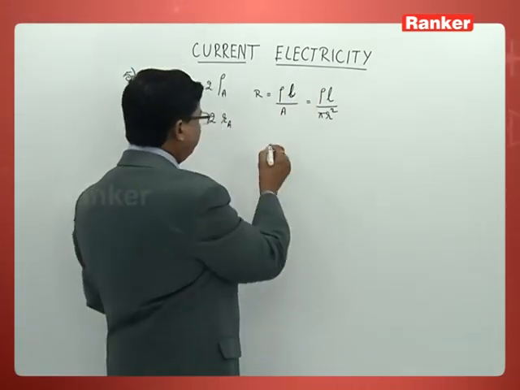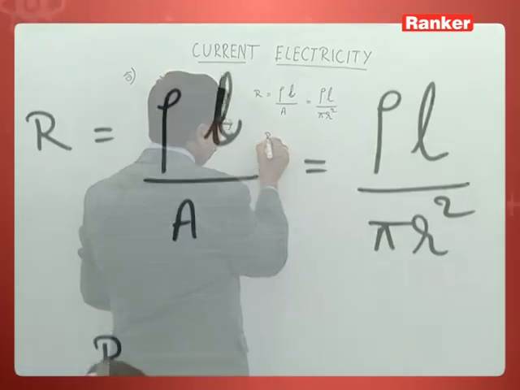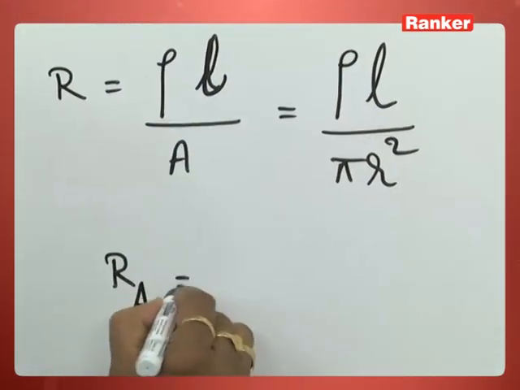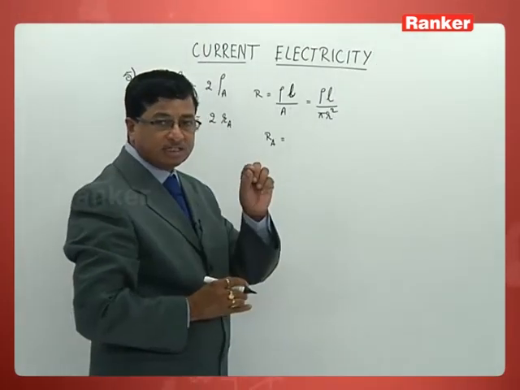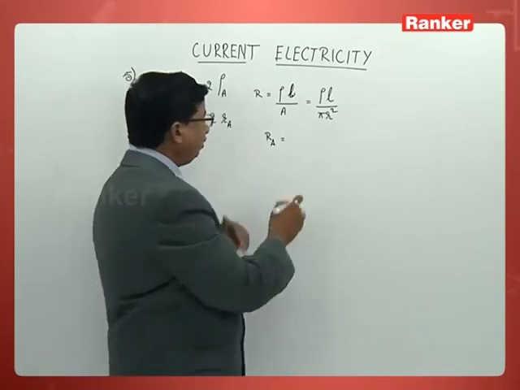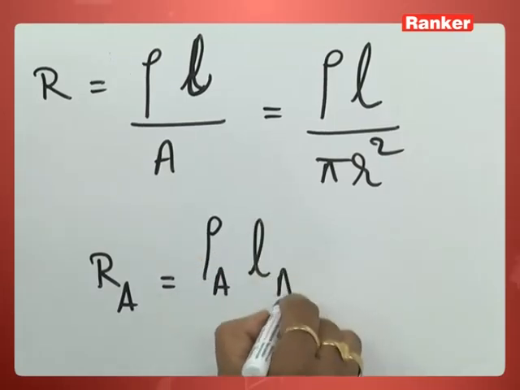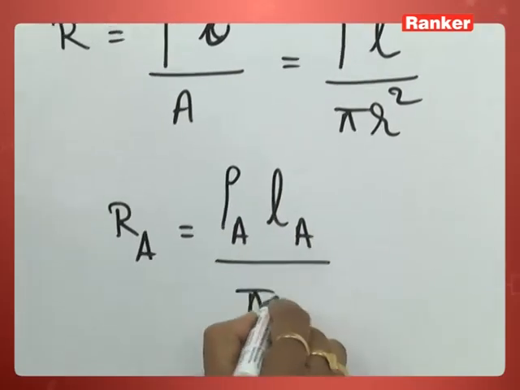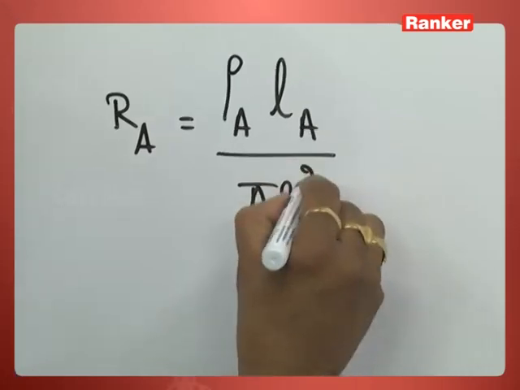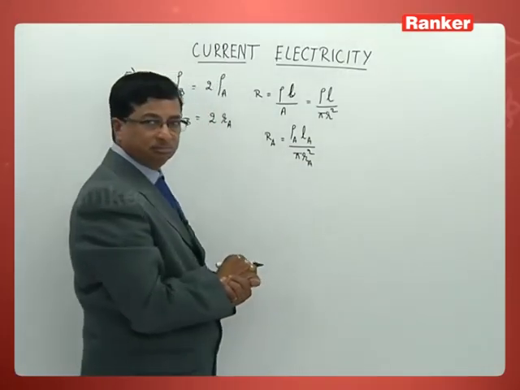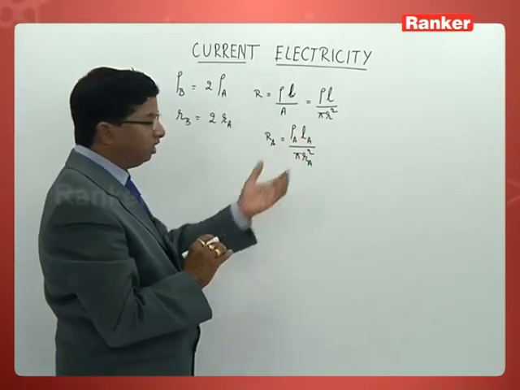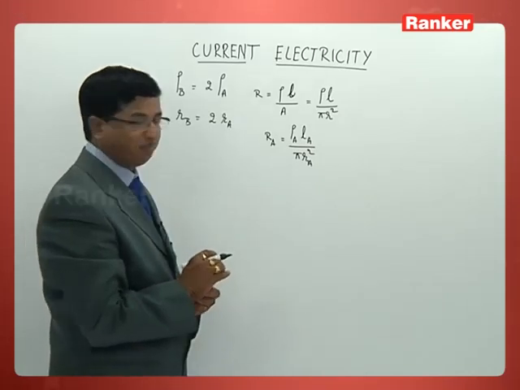Now let us write first of all what is R of A, the resistance of the first wire A. I can now write rho A into LA by pi RA square. Pi r square is the formula for cross sectional area.